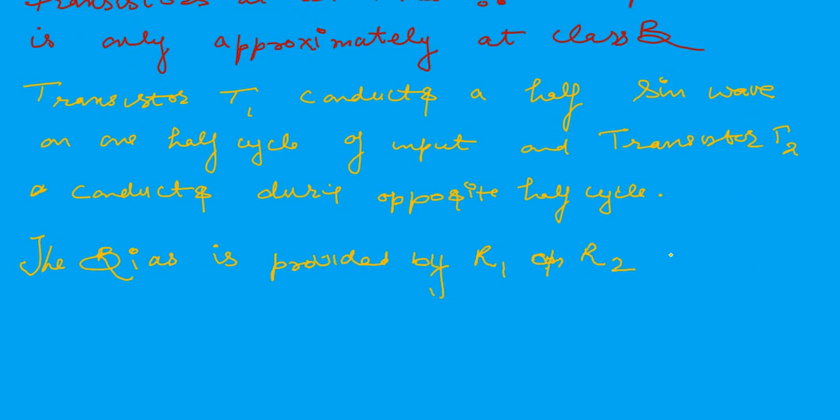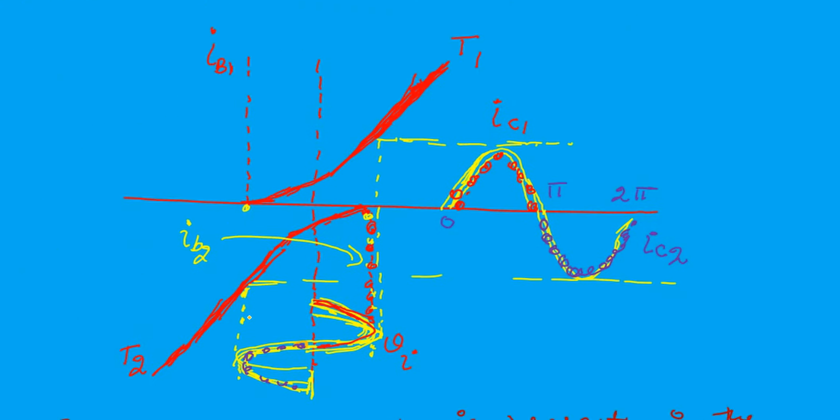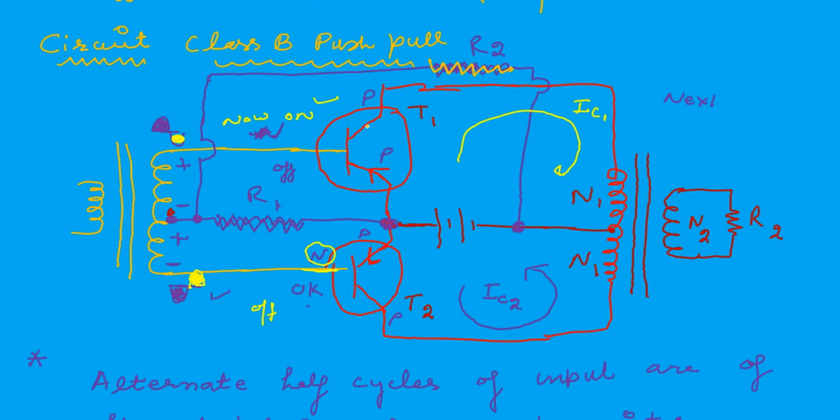The bias is provided by R1, R2 in the push-pull circuit, like here.